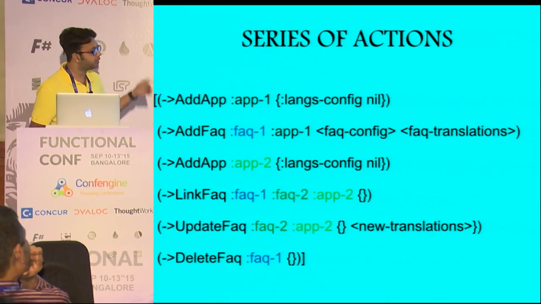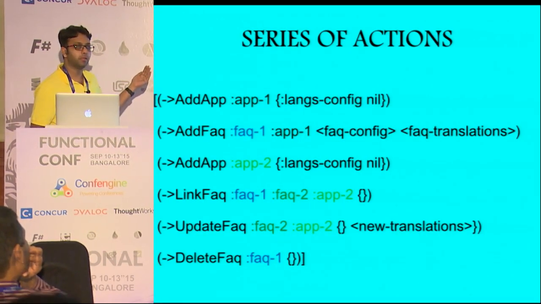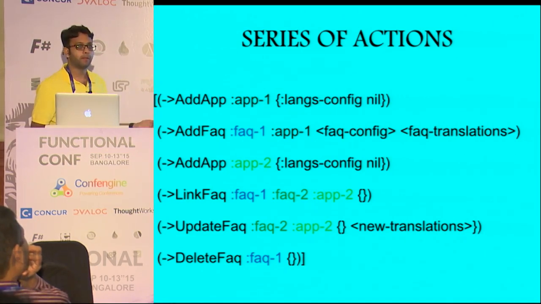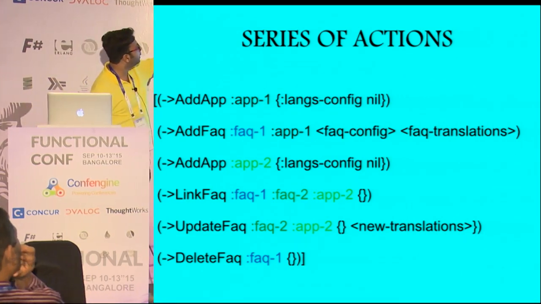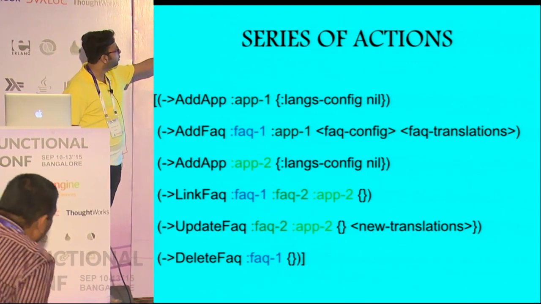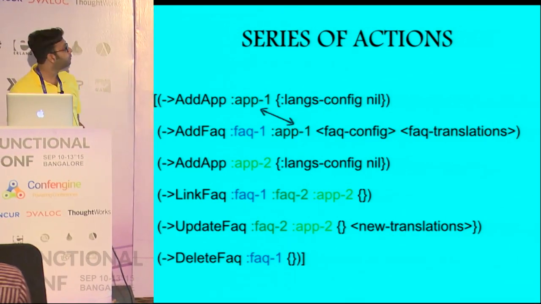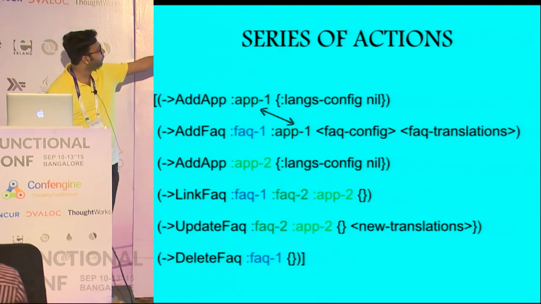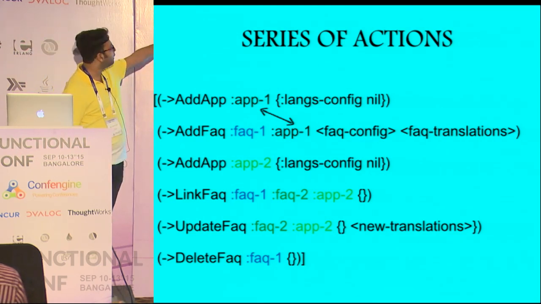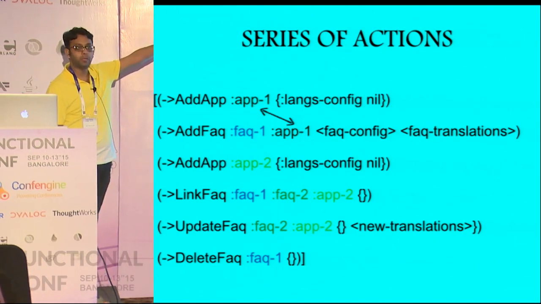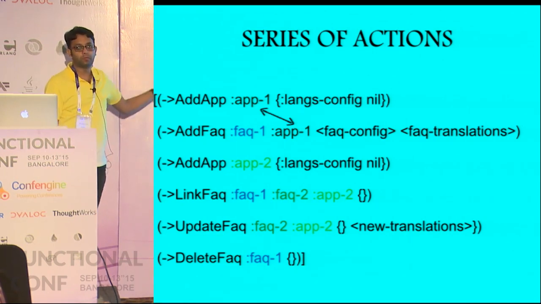So here is a similar set of test cases, but in terms of data. Here I'm adding an app, then I'm adding one FAQ, but here I'm referring to the name. So app 1 is being referred to later. I'm saying when you added that app, call it app 1, and when you want to add an FAQ, call it FAQ 1, but add it to app 1, and so on and so forth.